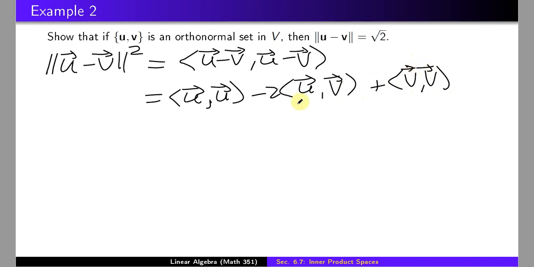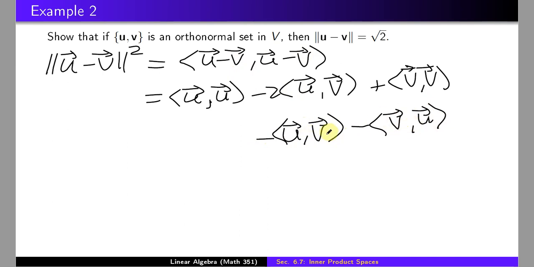Now I just want to mention briefly, we've actually used two properties in one. When we were distributing things, we had minus the inner product of U with V, and then we also had minus the inner product of V with U. These turn out to be the same if you're talking about real vector spaces, where you're dealing with real scalars.